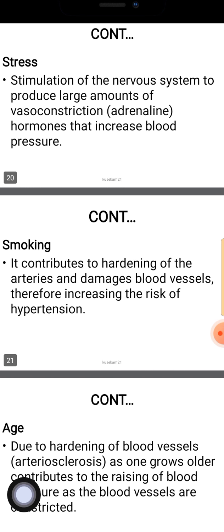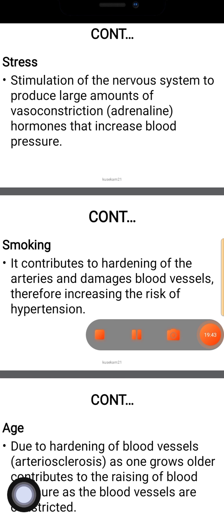Then stress, so stimulation of the nervous system to produce a large amount of adrenaline hormones that cause vasoconstriction and increase blood pressure.